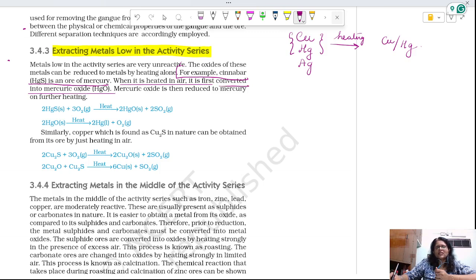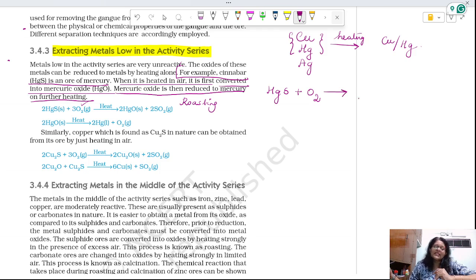We will not be seeing the metal in between. And mercuric oxide is then reduced to mercury on further heating. Since it is a sulfide and an excess of oxygen is taken, it is also called roasting, right?